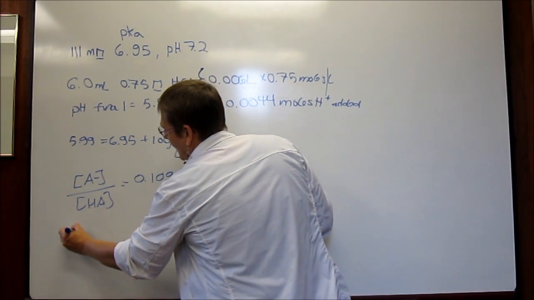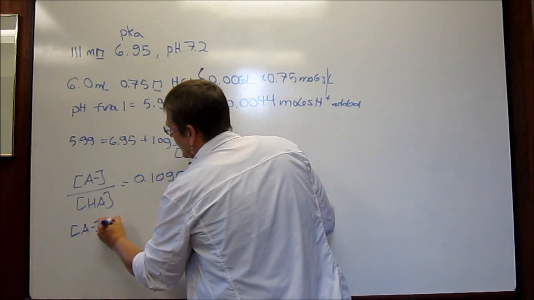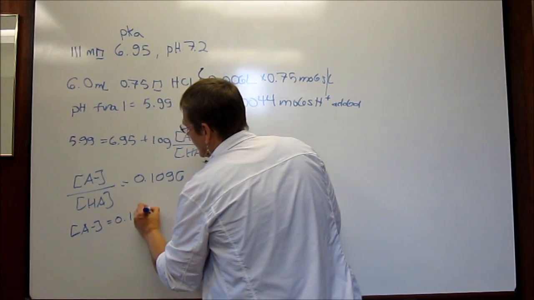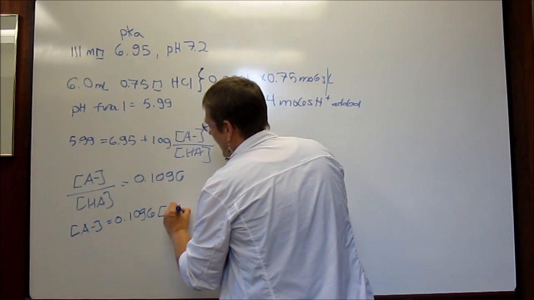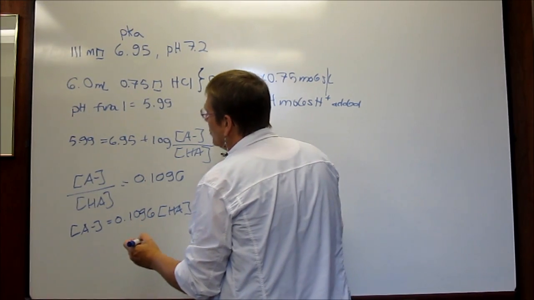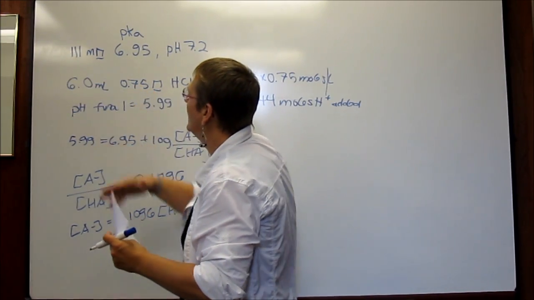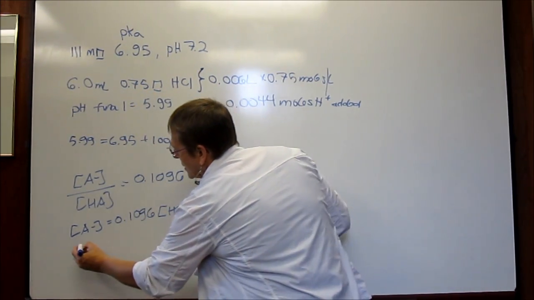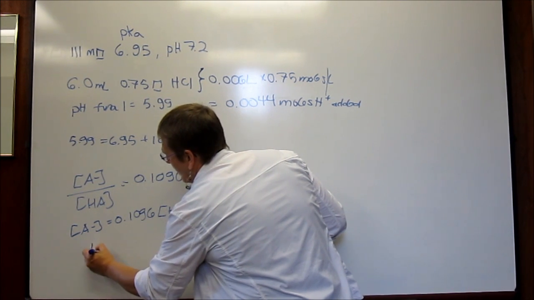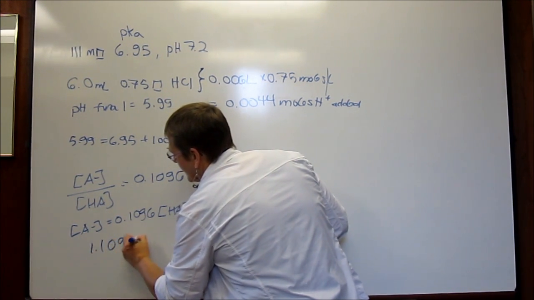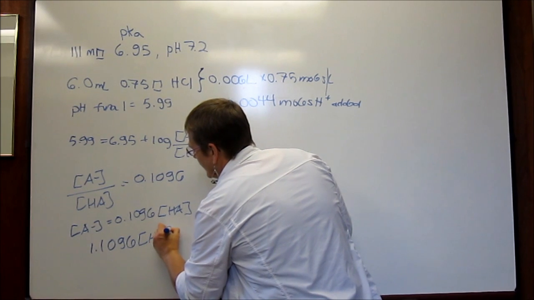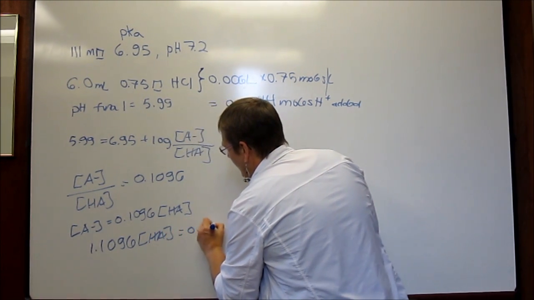We can rearrange to say that A minus is equal to 0.1096 times the concentration of HA, and the sum of the two is 0.111 molar. So we can substitute in to say that 1.1096 times HA is equal to 0.111 molar.